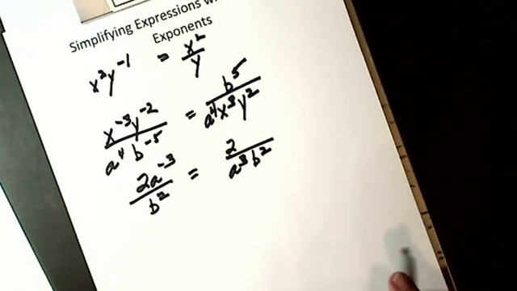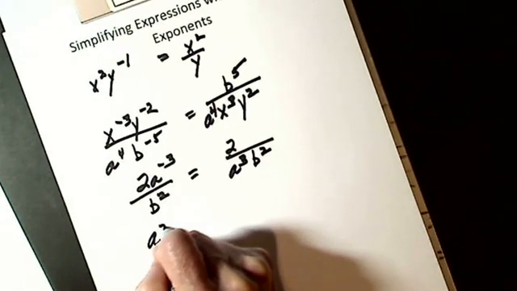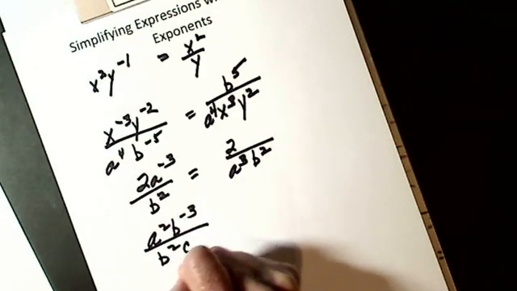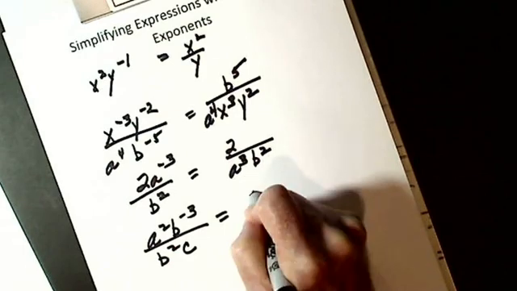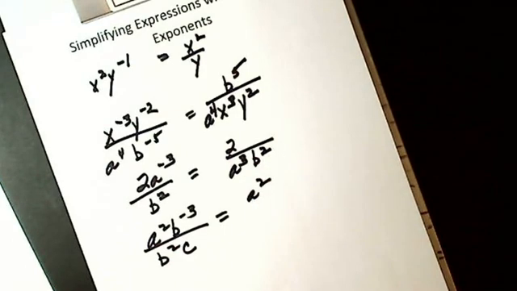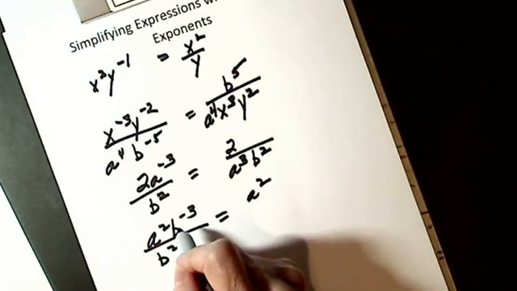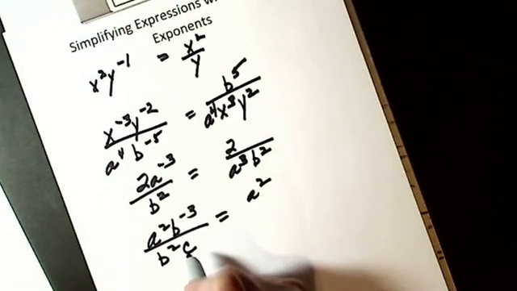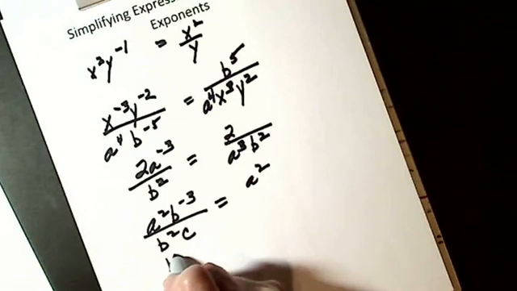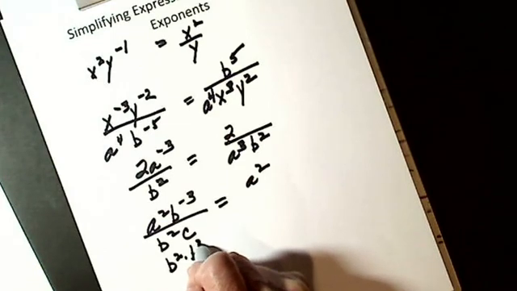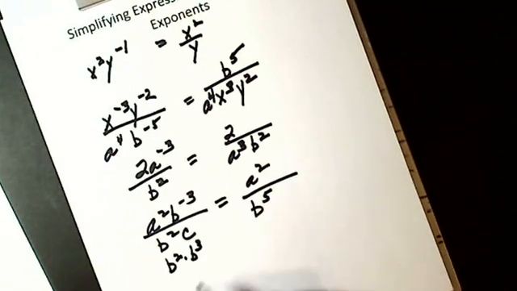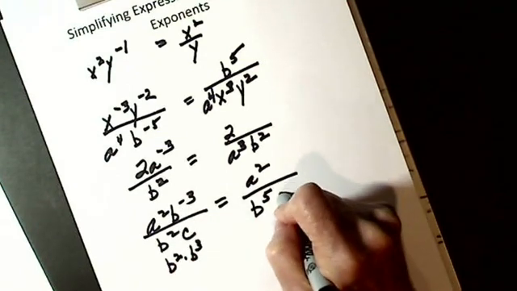Let's say I have a squared b to the negative 3 over b squared c. My a squared stays. My b to the minus 3 will now become a denominator. So that means I'm going to have b squared, but I also have a b cubed. So I'm going to get b to the 5th. Then there's my c.